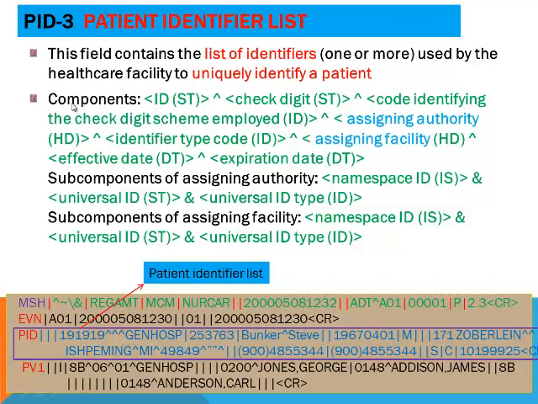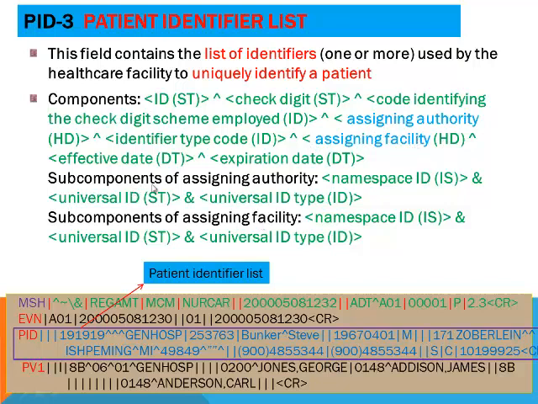It has many components. For example, the first one is the ID. Then we have the check digit. The check digit is based on the coding identifier check digit scheme employed. Then we also have the assigning authority, and also the assigning facility.